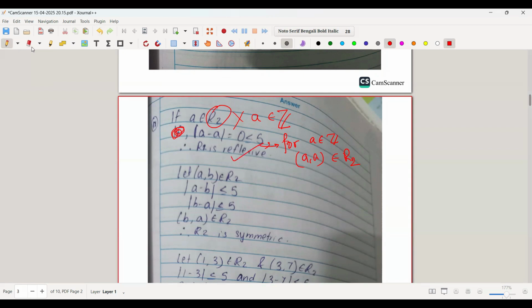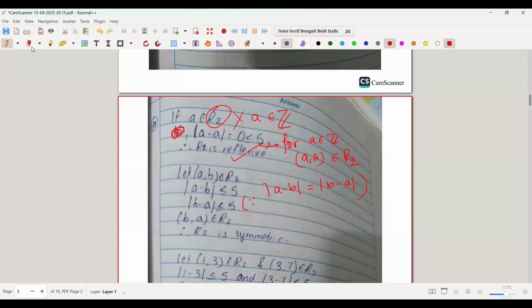Let (a, b) belongs to R2, so mod a minus b is less than 5. Then mod b minus a is also less than 5, because mod of a minus b is equal to mod of b minus a.